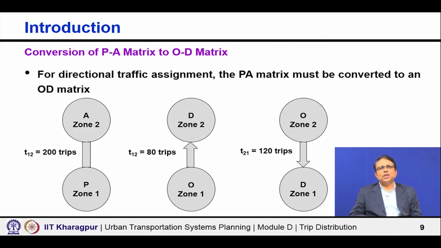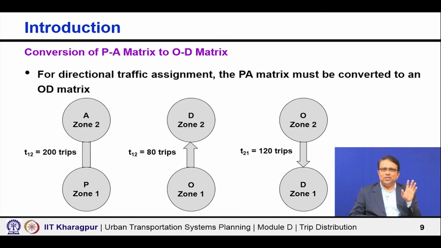But for all these trips, 80 plus 120, 200 trips, zone 1 is the location of the home. So, when we expressed the production attraction matrix, we said that all 200 trips are getting produced in zone 1 and getting attracted to zone 2.